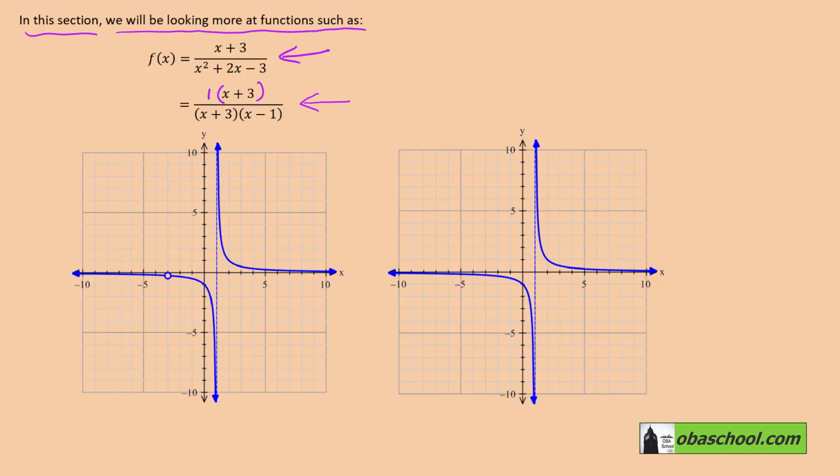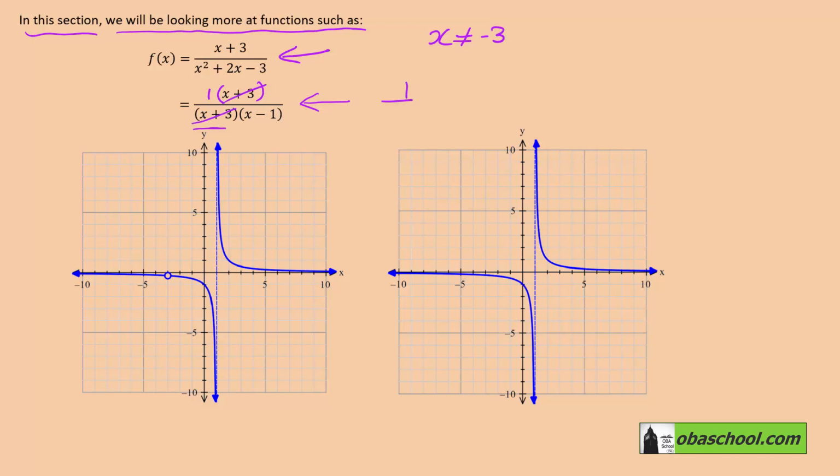I'll just write this as 1/(x − 1) × (x + 3)/(x + 3). You can see that we have an x + 3 on the bottom and an x + 3 on the top, which means that if x is not equal to −3, in other words, they're not both 0, we could cancel them.